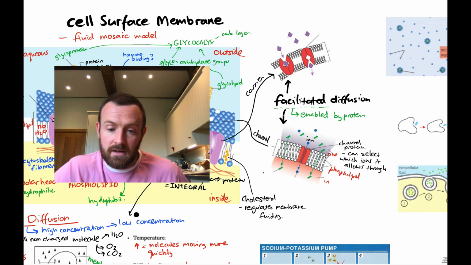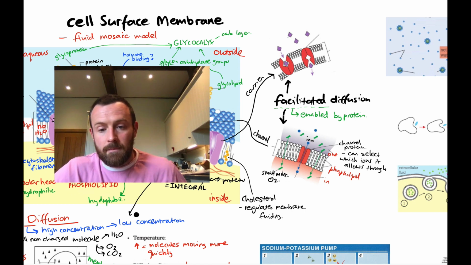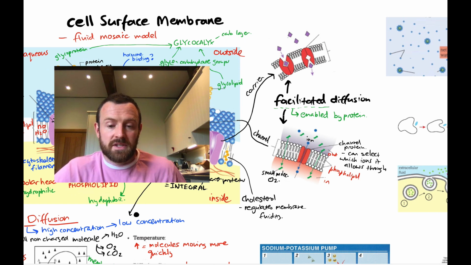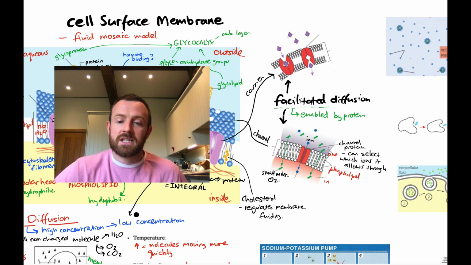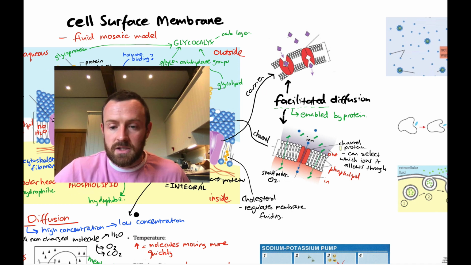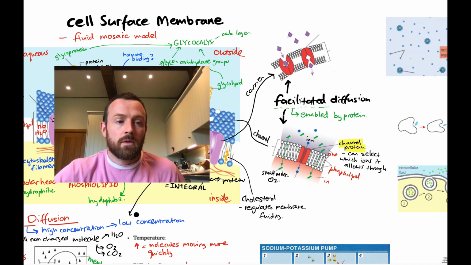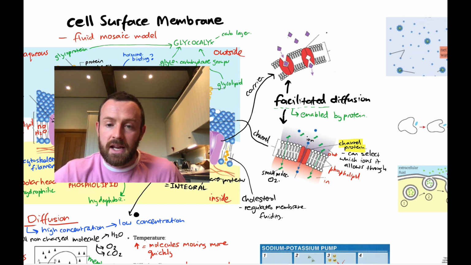So let's say this is a small molecule like O2, for example. And maybe this is an ion that goes through a channel. Ion channels are very common types of protein in the surface of a cell. Okay, so that's channel proteins. Let's highlight that actually, this channel protein here, the difference. Okay, channel protein. Now, what is the difference between a channel protein and a carrier protein?